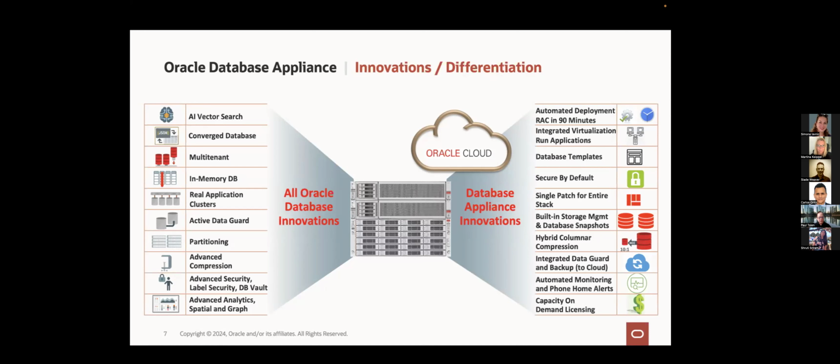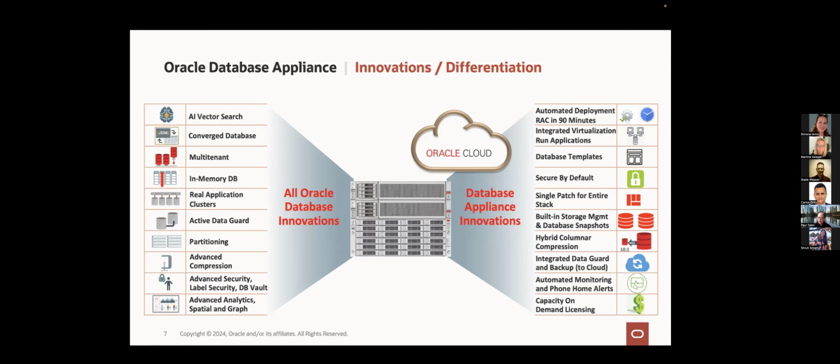Again, most of these features are not available on any other systems. For example, we made it so simple that we can deploy a RAC database in less than 2 hours, about 90 minutes. Database templates come out of the box to optimize database performance. Hybrid Columnar Compression is available only on Database Appliance, Exadata and ZFS, the Oracle Engineered Systems.